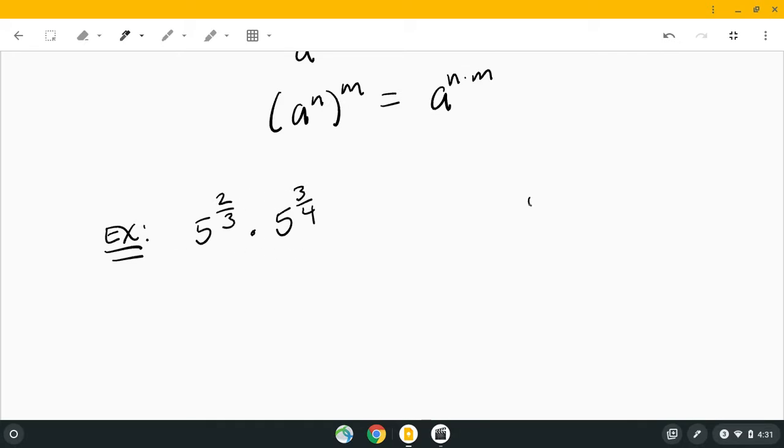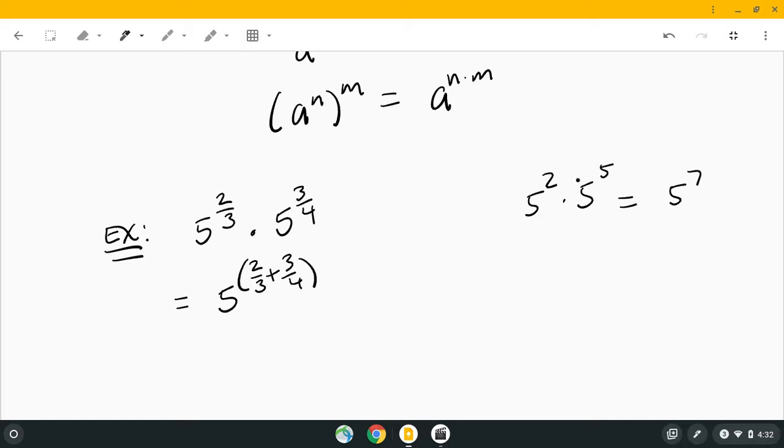Before, when you had just regular integers, that was easy to do. We can add 2 and 5 in our heads and get 5 to the 7th. Now you have to do some work off to the side, because we can't do 2/3 plus 3/4 in our heads.